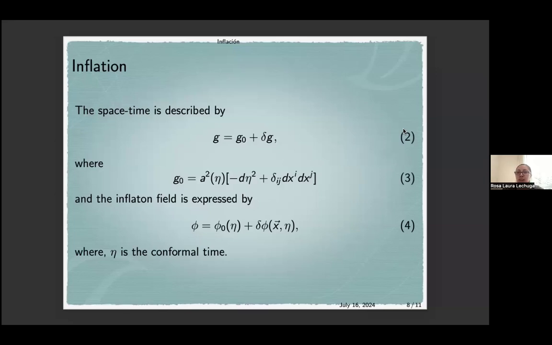Fluctuations are like talking about the harmonic oscillator. It's a tool for the whole of physics, not only for cosmology. I'm going to apply it in cosmology, but the way in which we work with fluctuations is beyond cosmology.